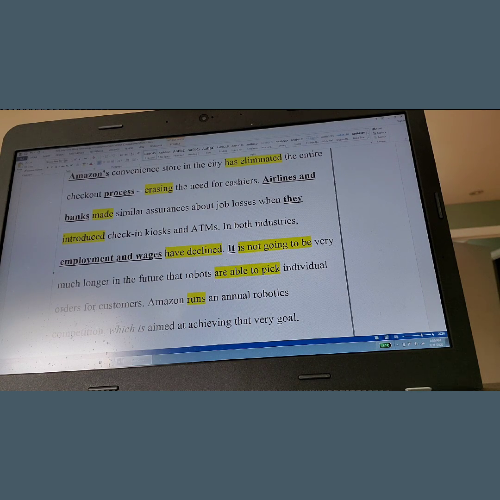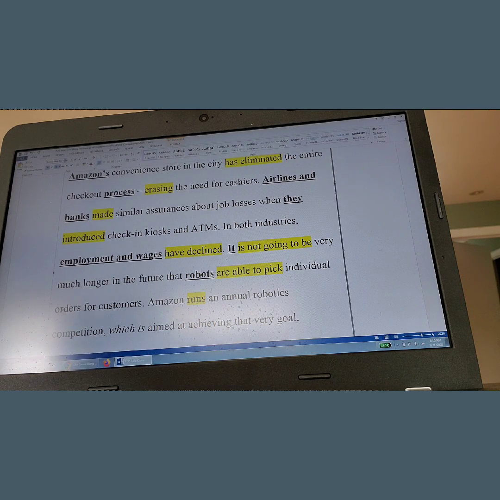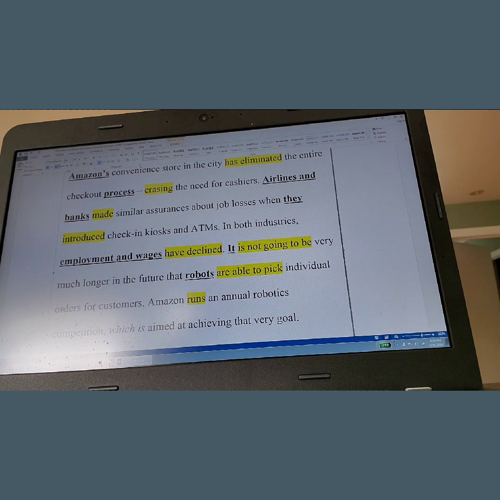That robots are able to pick individual orders for customers, right? So robots are able to pick individual orders for customers, right? And to be honest, one of the commercials I saw with 5G, this was actually the case. So it says robots are able to pick individual orders for customers.